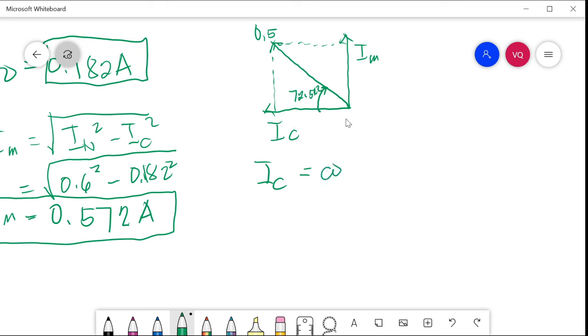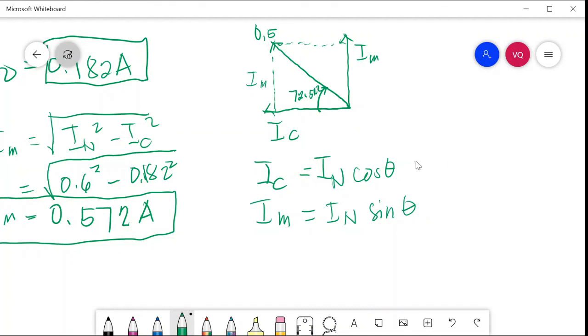Cosine is adjacent over hypotenuse, so IC is IN cosine theta, and IM, this is your IM, is IN sine theta, opposite over hypotenuse.